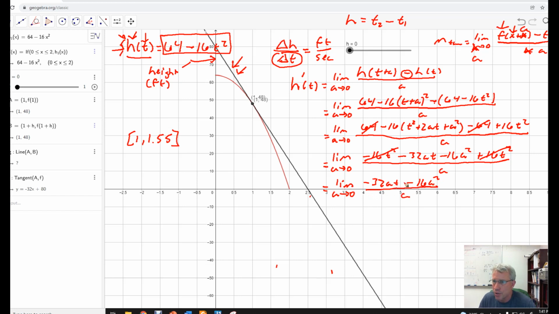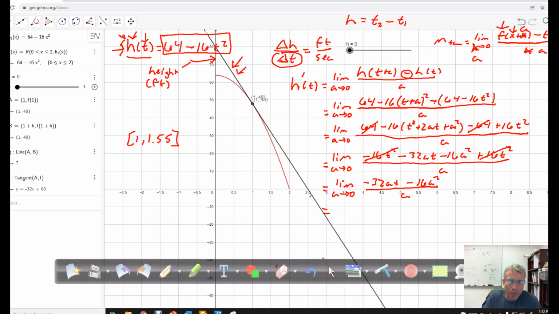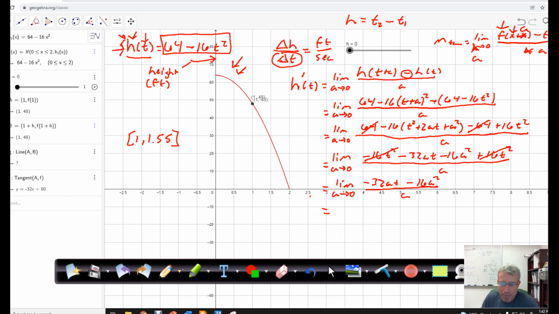And I see an a shows up in both terms. I can factor that off. I am going to turn my tangent line off and get it out of my way. There we go. Except I need to get my pen back.